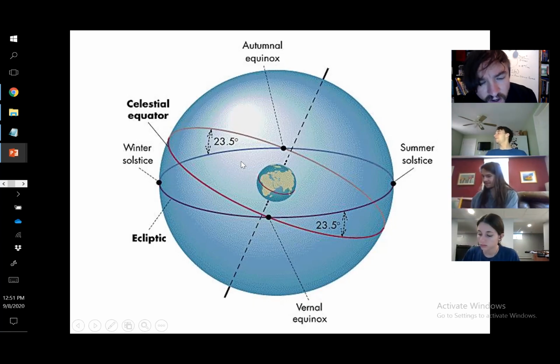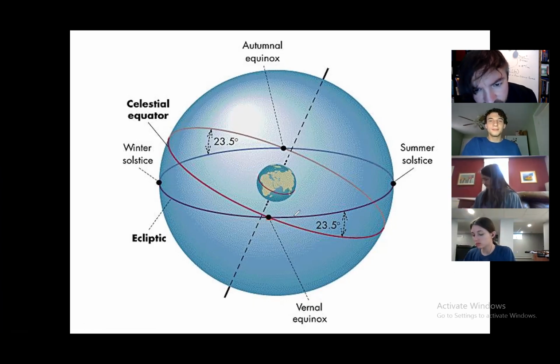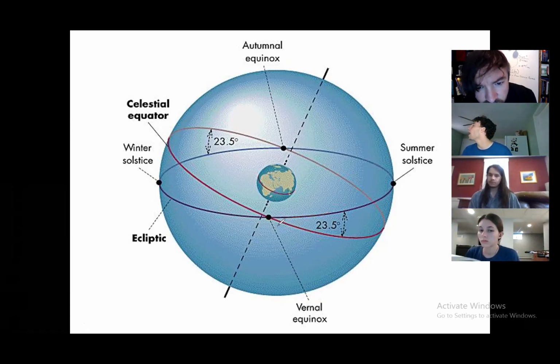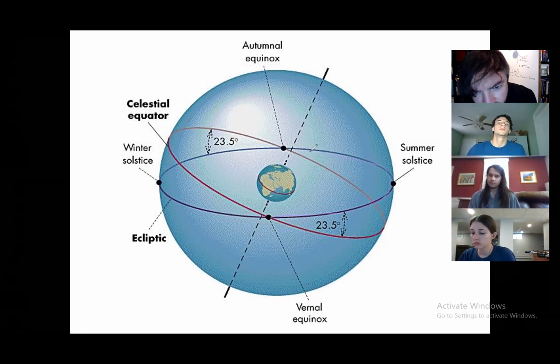So listen, what Austin is saying, friends, is that this purple line here is the path that the sun makes over the course of the year. This is where the zodiac constellations are.